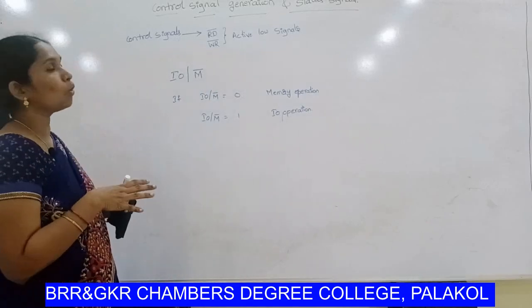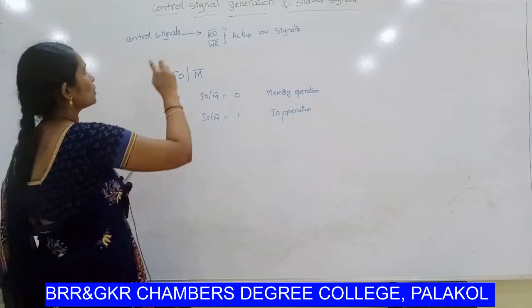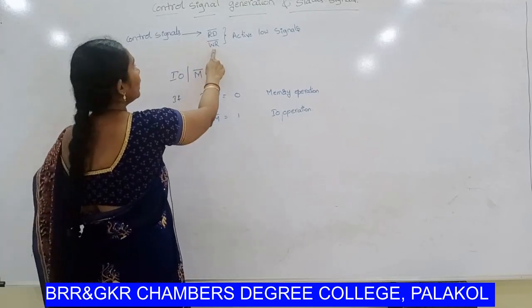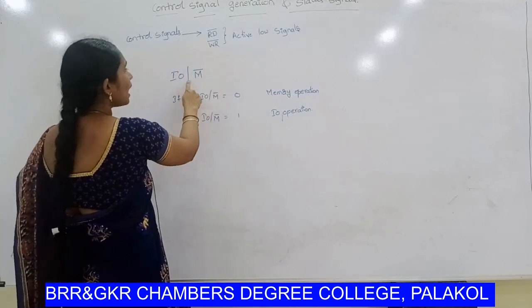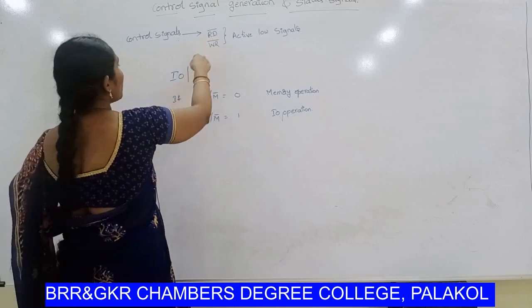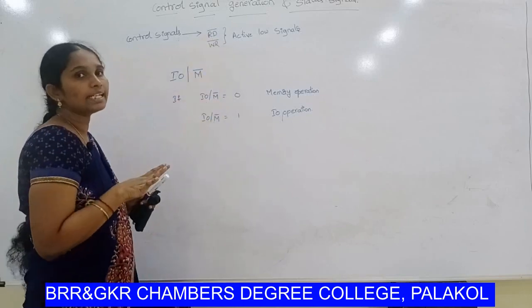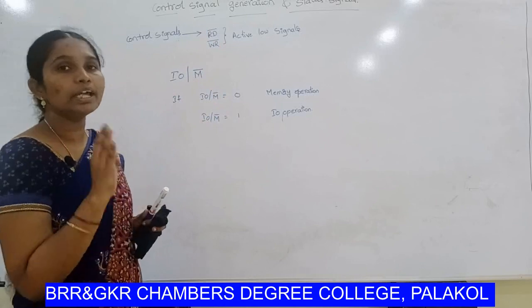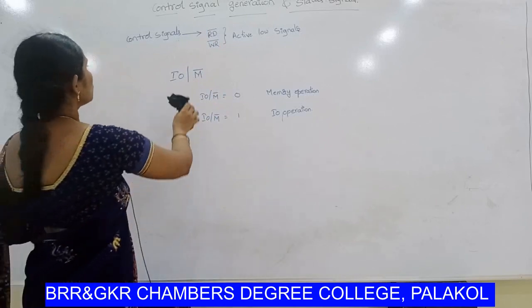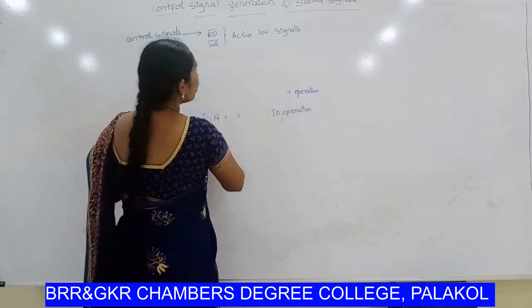Now by combining these three signals, that is read bar, write bar and IO by M bar, we have to generate 4 control signals.